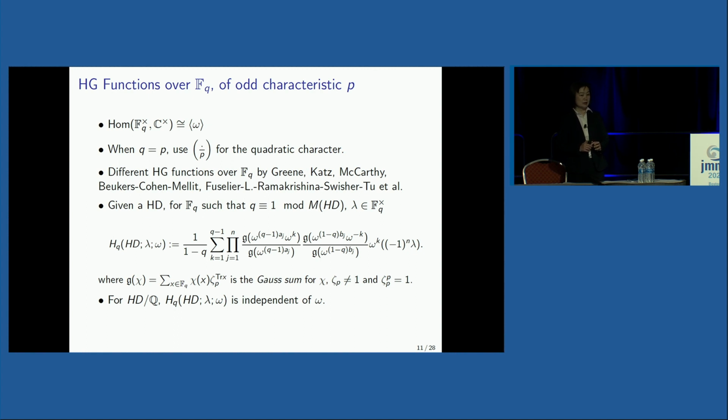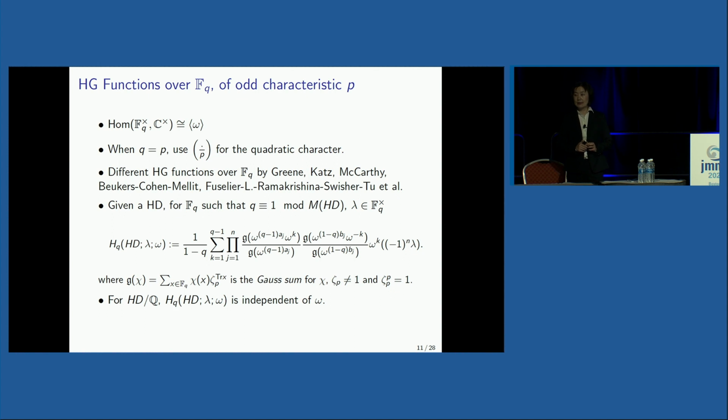unique quadratic character. So there are different versions of hypergeometric character functions, by the work of John Greene and Professor Nick Katz, and also Dermot McCarthy. And there's another kind of modification in the work of Beukers, Cohen, and Mellit. Sometimes I refer to it as BCM.